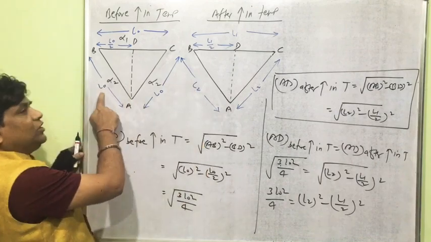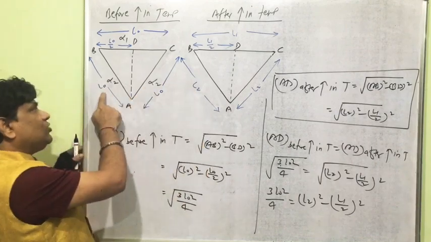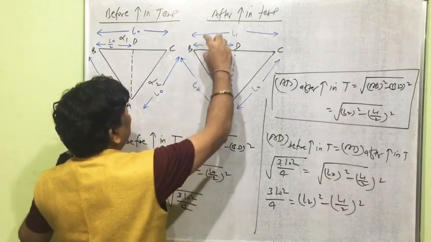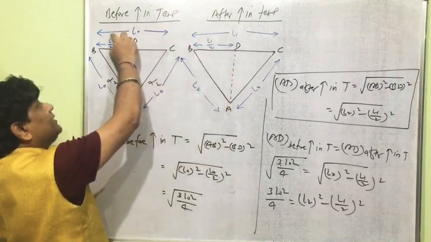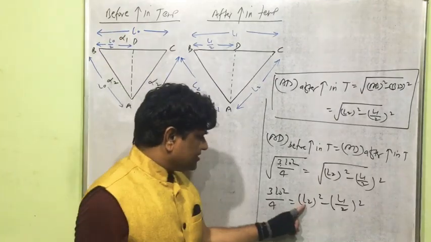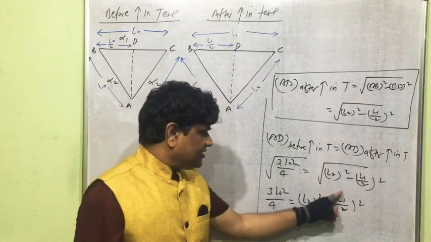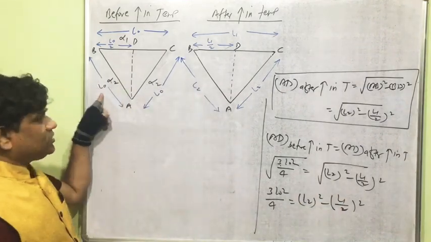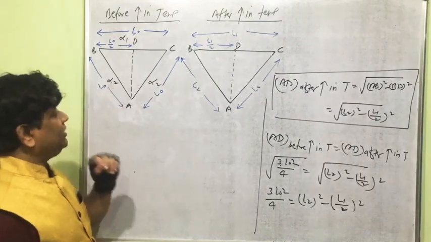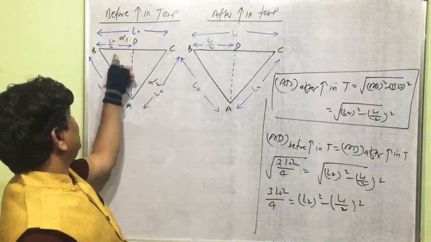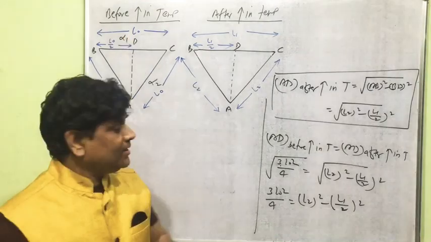L2 is equal to L0 into 1 plus alpha 2 into delta T. And L1 by 2 is equal to L0 by 2 into 1 plus alpha 1 into delta T. Now we can take the value of L2 and the value of L1 by 2.